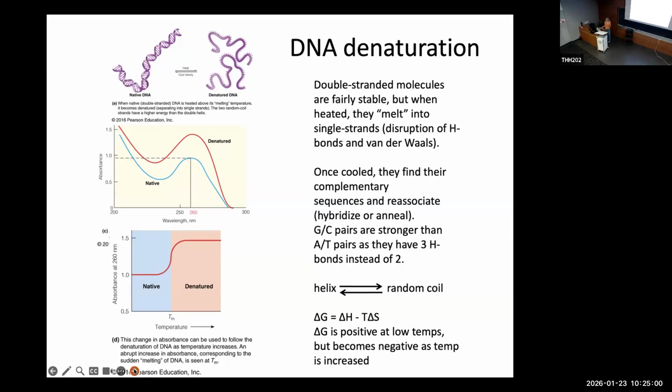If you have a piece of DNA, we know that at 260 nanometers in a spectrophotometer, we can measure concentration, right? We talked about that the other day.